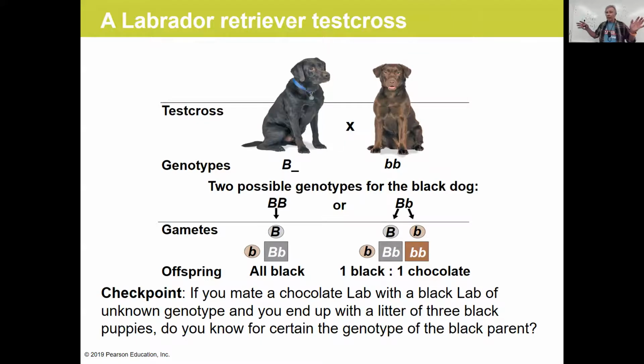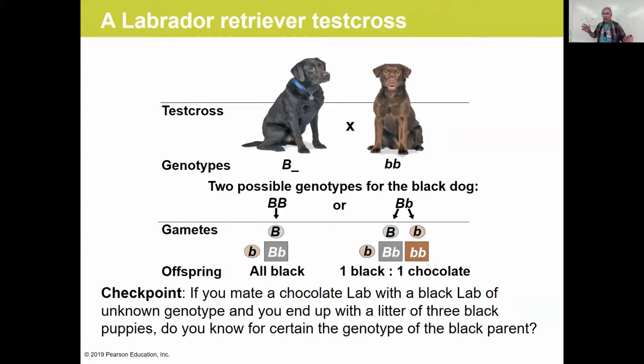because if you get a big litter, now 3 is a little small, but if you get a big litter and they're all black, it's likely that the unknown individual is big B, because there's a 50% chance of having a chocolate lab. If you get a big litter, you'd think that half of them would be chocolate, but they're all black.